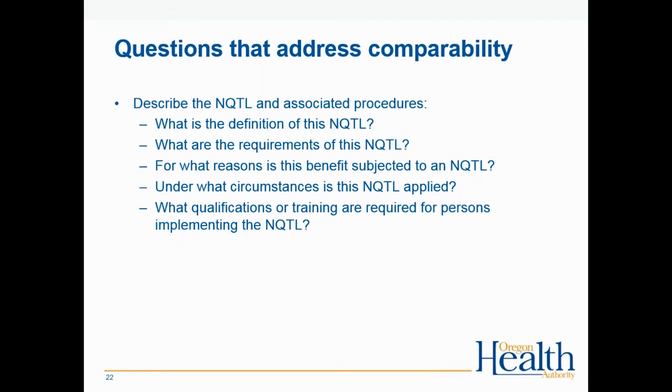So these questions will need to be asked for each NQTL type that's identified in their respective classifications. Also remember that NQTL types will be compared across a classification rather than compared service to service. And just as a reminder, the classifications are inpatient, outpatient, emergency, and pharmacy.